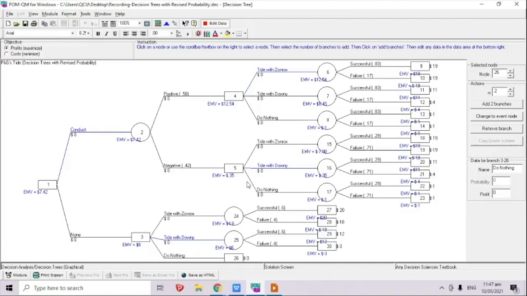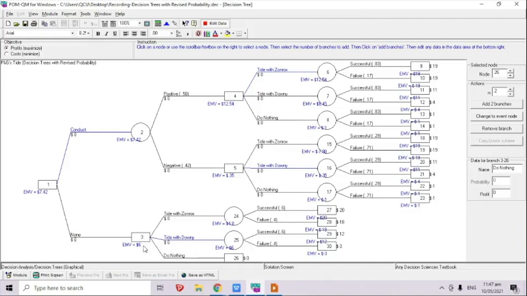Okay? Now, if ang pipiliin nila is hindi mag-conduct ng survey for some reason, even nakita na nga natin na that is the optimal solution to conduct the survey, if ayaw pa rin nila for some reason, ang dapat nilang i-launch is the Tide with Downy para still okay pa rin somehow yung EMV na makuha nila, which is $6,000.